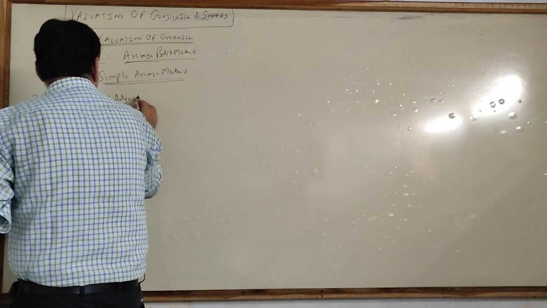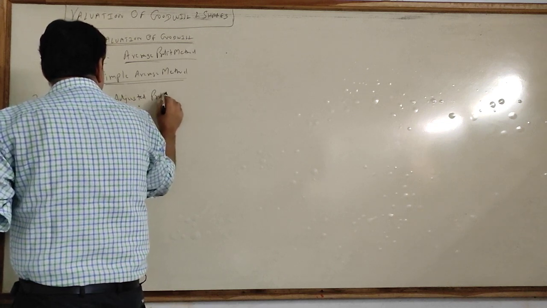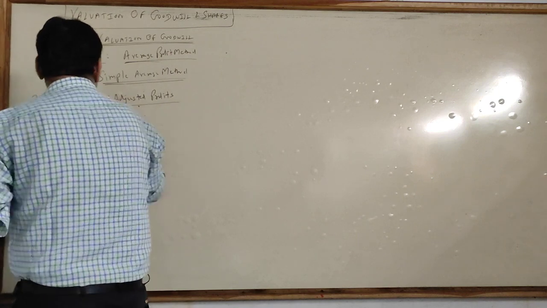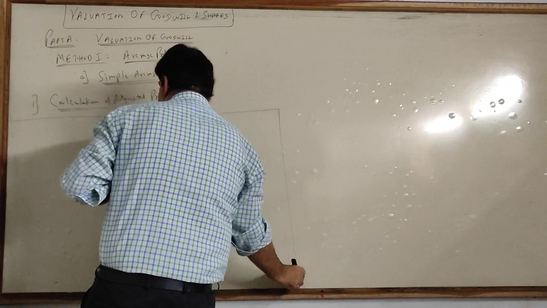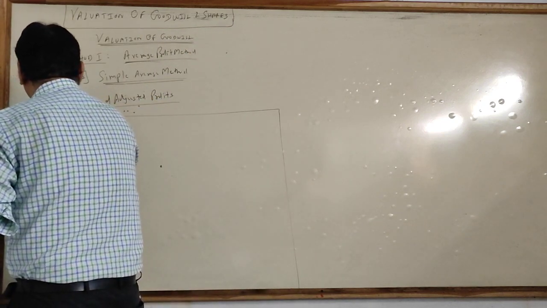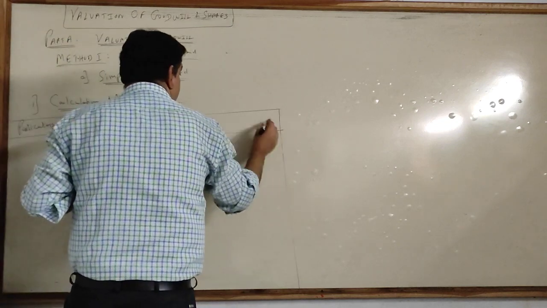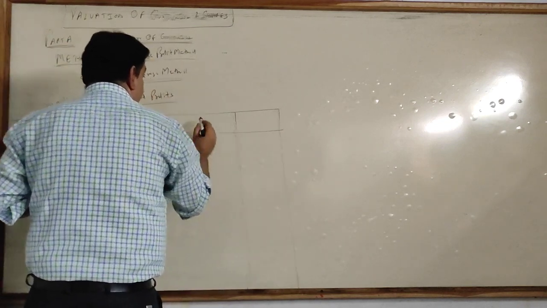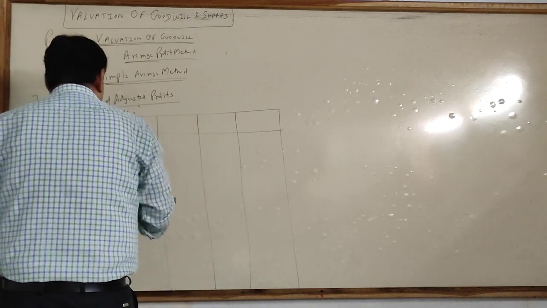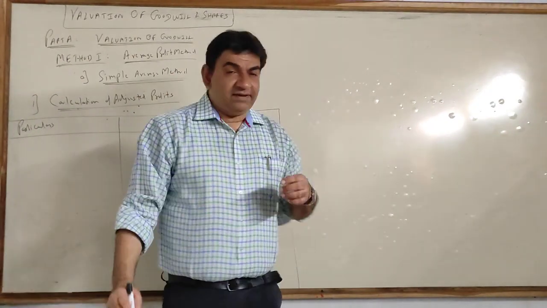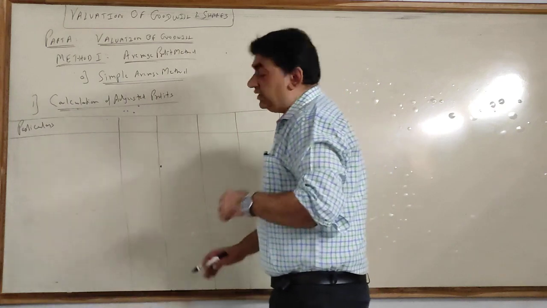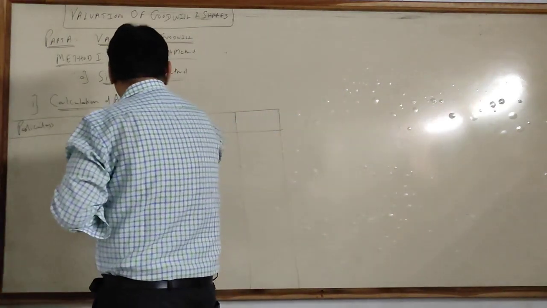There are 4 years, so your heading will be particulars and the 4 years they have given. The table will be around 6-7 lines long.